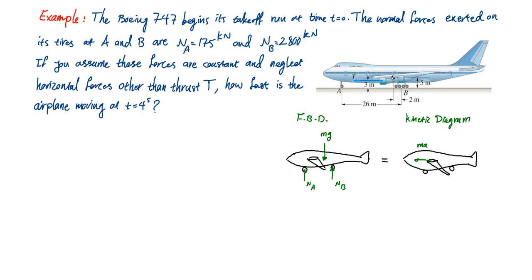We have x and y. Let's just put it here. This is x, and this is y. So summation of forces in x is equal to ma in x direction, and I always take the direction of the motion as positive.